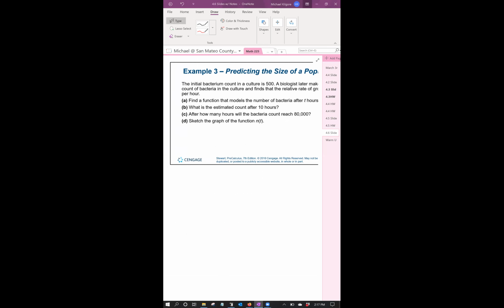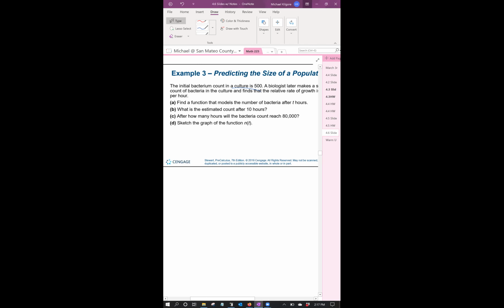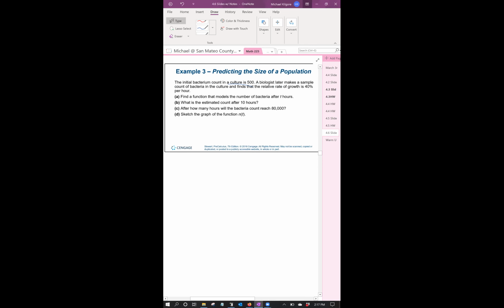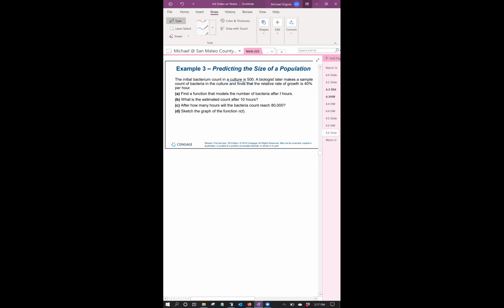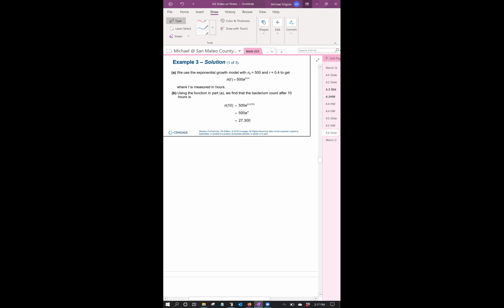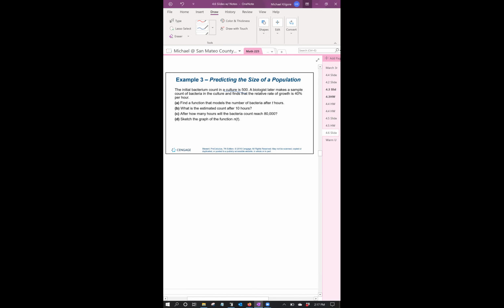So we have bacteria, the initial count is 500. A biologist later makes a sample count of bacteria. Oh boy, it's telling you the answer already. And it says the relative growth rate is 40%. So basically we have the initial value and the relative growth rate. We just put these things together.